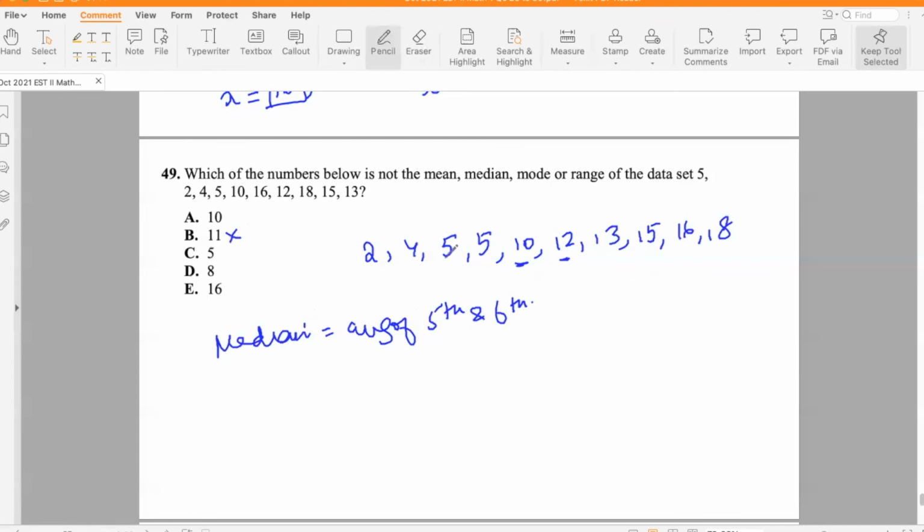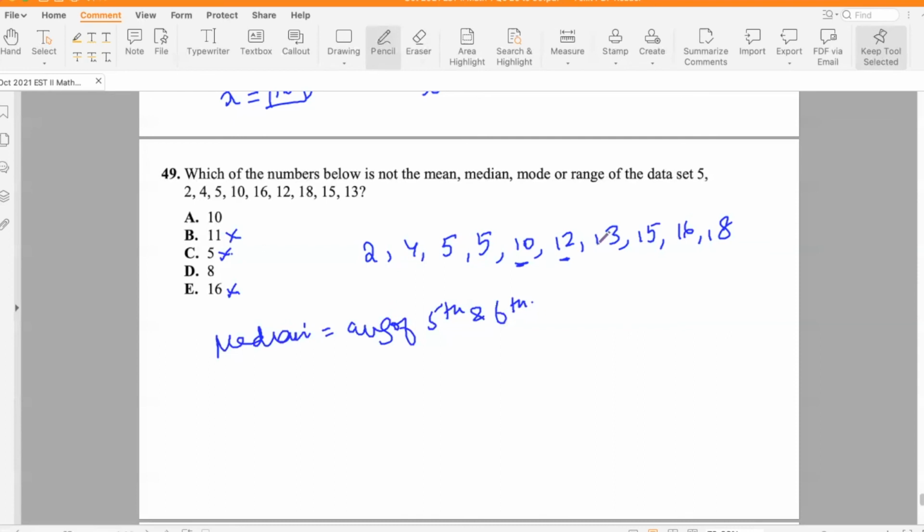Okay, mode is the one that occurs most often. So that's 5. So that can't be the answer. Range is 18 minus 2, 16. So that can't be the answer. And now the mean. 4 plus 2, 6 plus 5, 11 plus 5, 16. And 10, 26. And 12, 38.